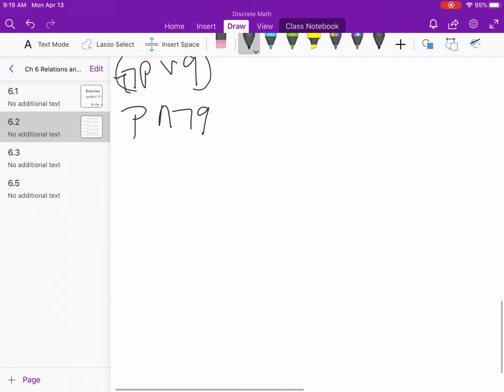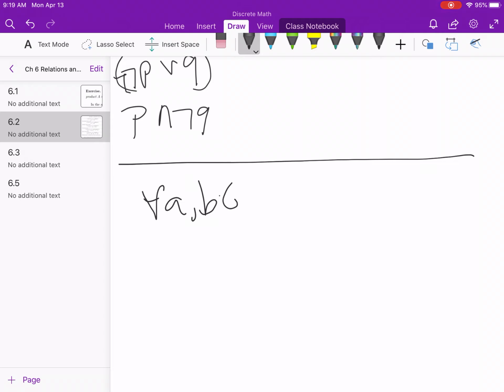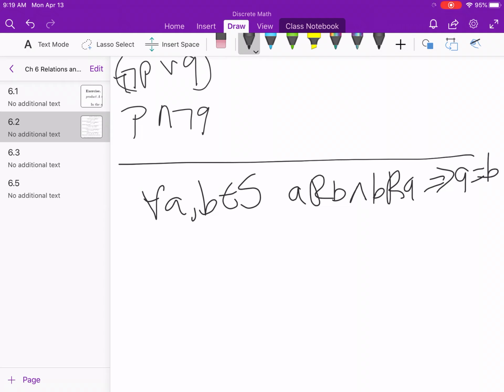So let's see. We have this statement. We've got A related to B and B related to A, then A equals B. So once again, if we negate it, what we're going to get is the existential quantifier at the beginning.